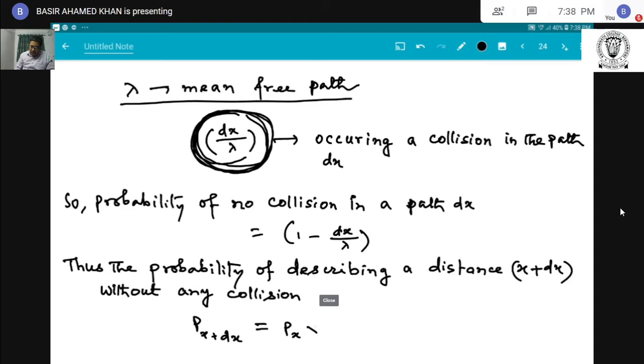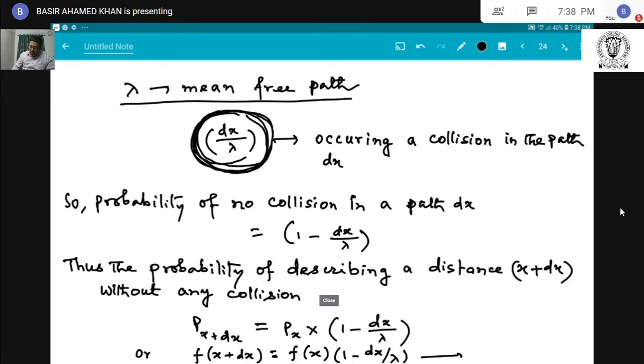Or px plus dx means f of x plus dx equal to fx into 1 minus dx by lambda.